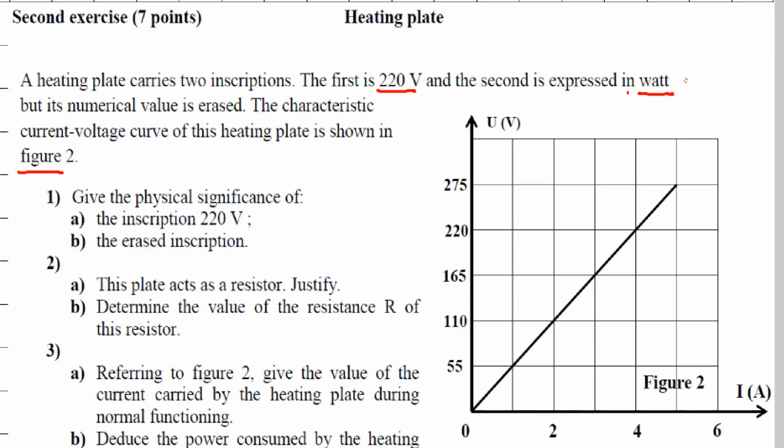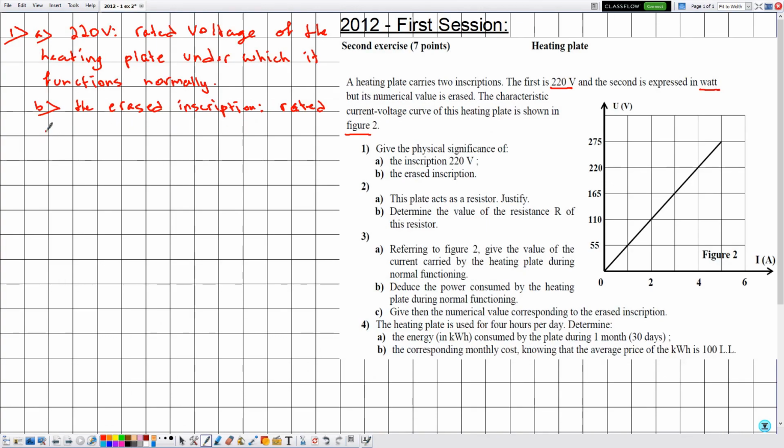Now because it is expressed in watts and we know that the watt is the unit of power, it is the rated power consumed by the heating plate under which it functions normally.